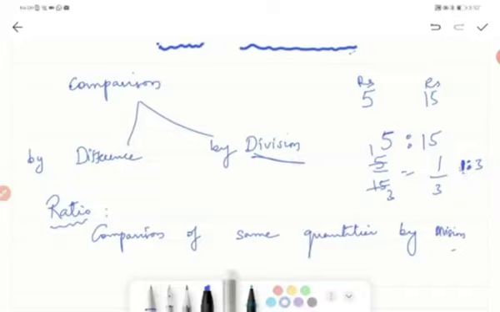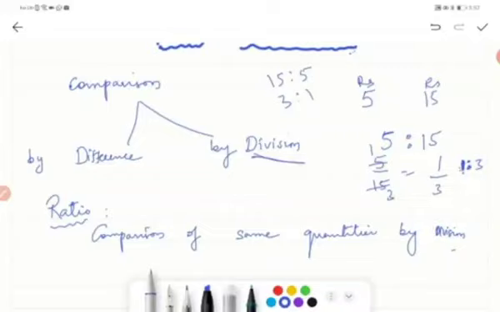If you compare the money with you to mine, that time it will be 15:5. That means you have 3 times more money than me, isn't it?